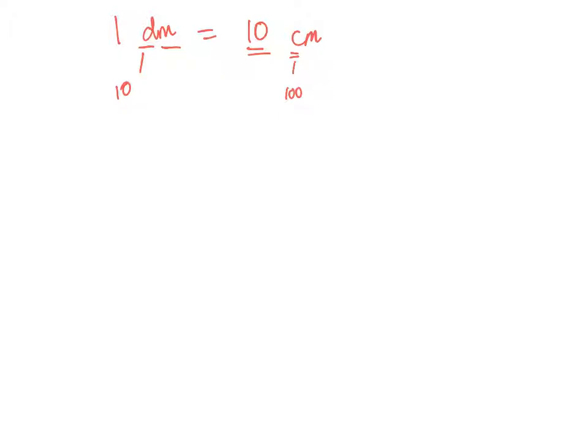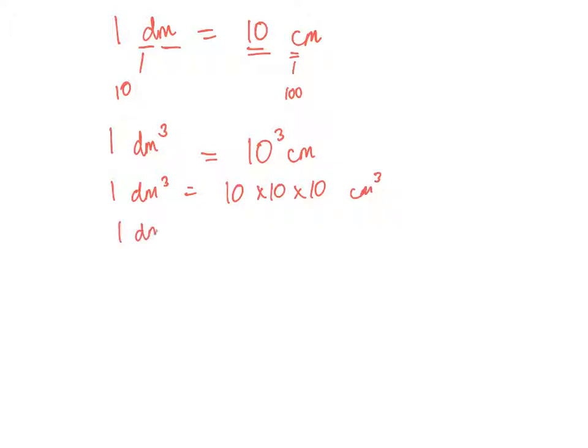So if we know that 1 decimeter is 10 centimeters, well, 1 decimeter cubed, because it's a volume, so it's cubed, is equal to 10 centimeters cubed, so 10 cubed. So 1 decimeter cubed is equal to 10 times 10 times 10.